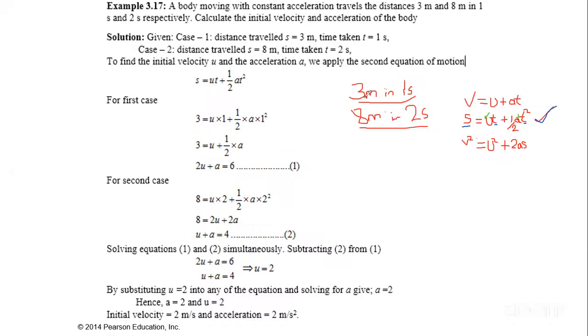So let's substitute. If we take case 1 and substitute into this equation, we have 3 meters equals U times T, where T is 1, plus half AT squared. That gives us 2U plus A equals 6.